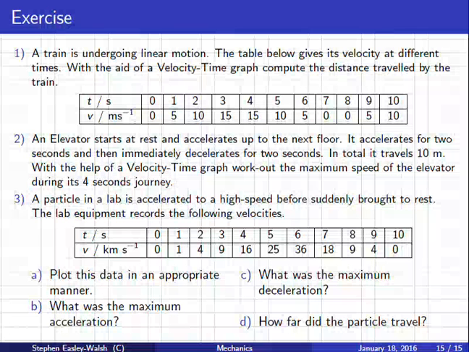So if I go back here, if I want the A, I'll call this A1. A1 would equal this height. How big is that? 20. And this base? 4. So it equals 5 meters per second squared. That's the gradient.